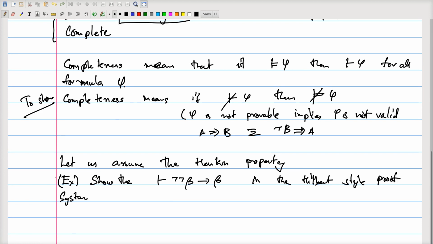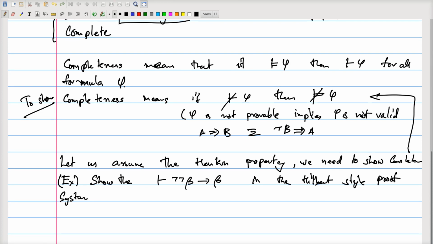We will use this. So we have the Henkin property, and we need to show this version of completeness. That is, we need to prove this claim. Okay, so how do we prove this?